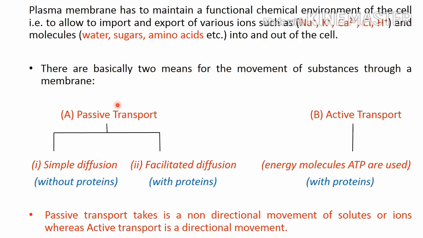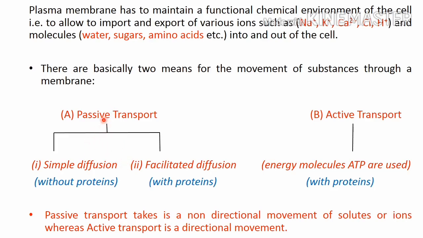In passive transport, the concentration of the ions or molecules determines in which direction they will be transported, depending on which side of the plasma membrane has the highest concentration. That side will decide the direction of movement of the molecules.